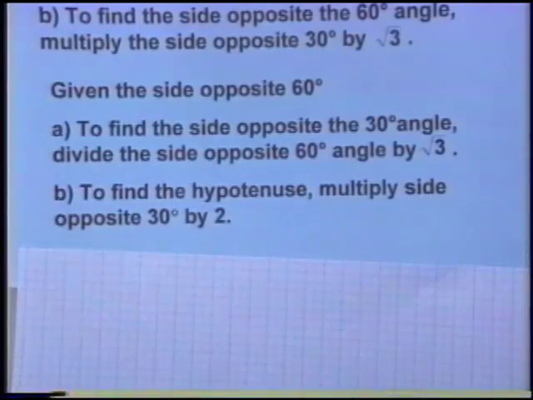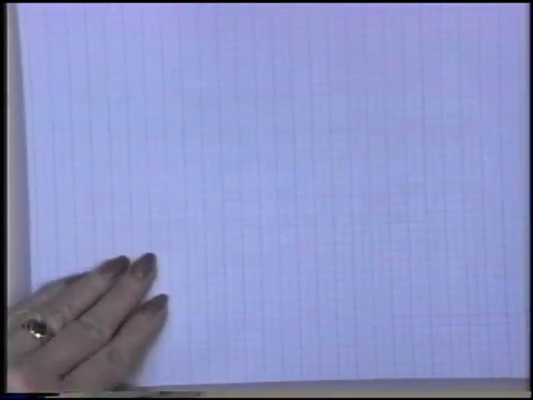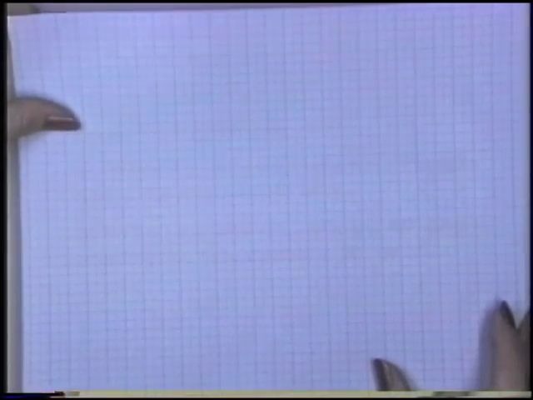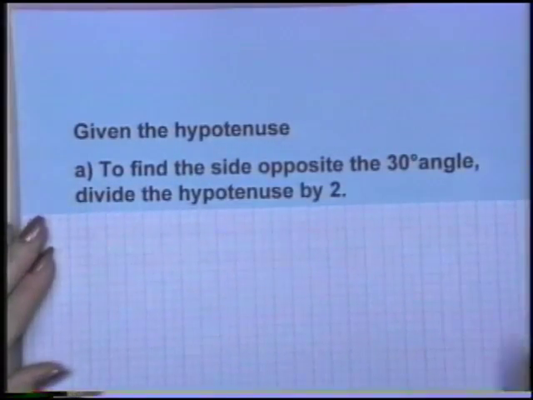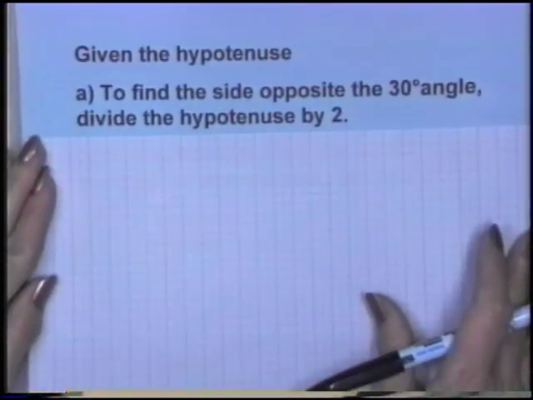Now the last example dealing with a 30-60-90 triangle that I'd like to look at is one where you're given the hypotenuse. So suppose we're given the hypotenuse.